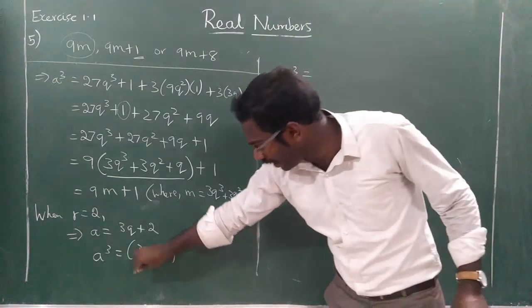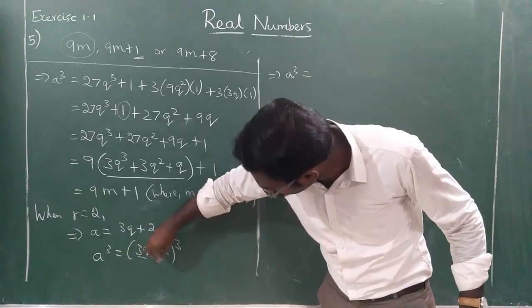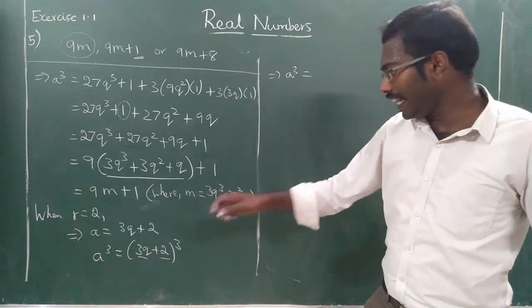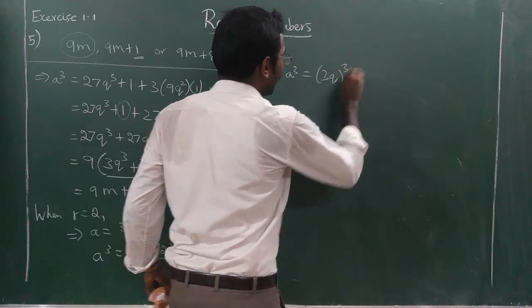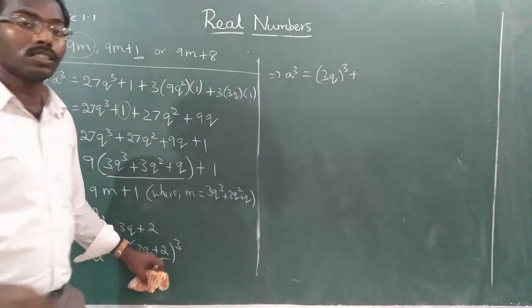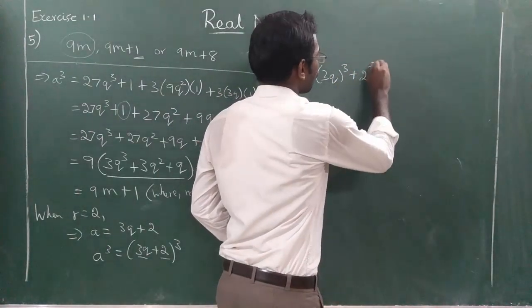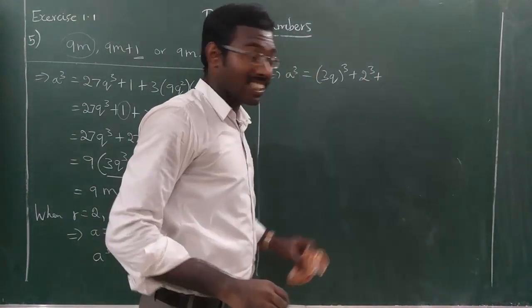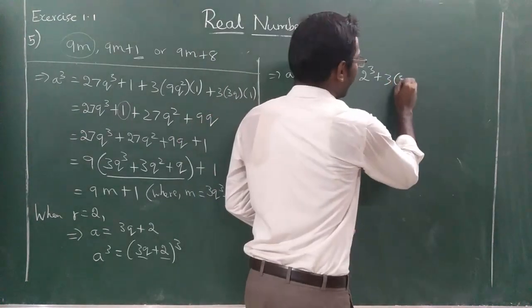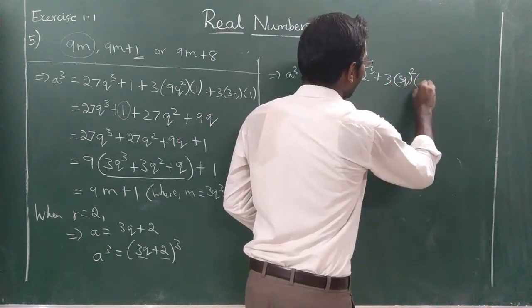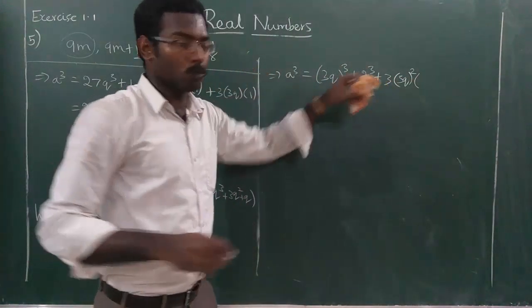So here what is a? a is 3q, b is 2. So a³ means (3q)³, plus b³ means 2³, plus 3a²b means 3 into (3q)², a is 3q, into b is 2.